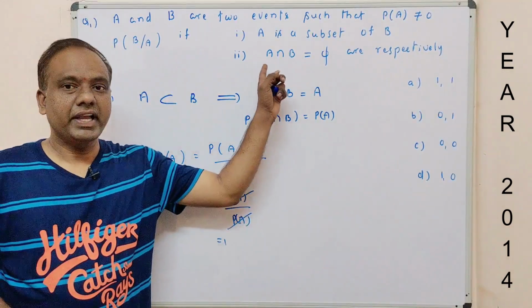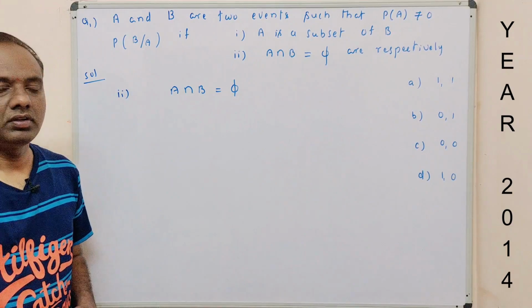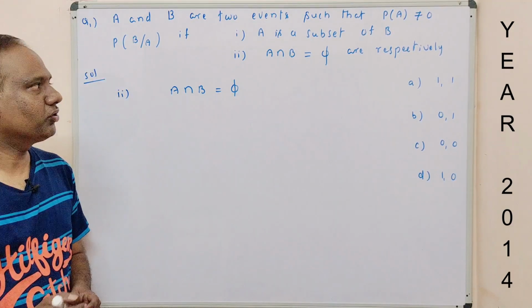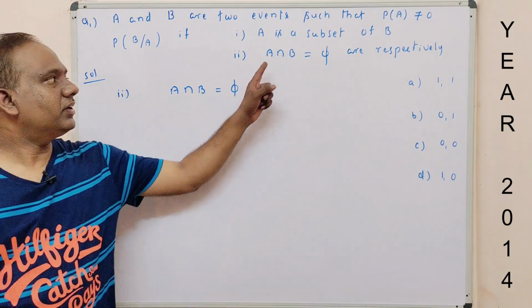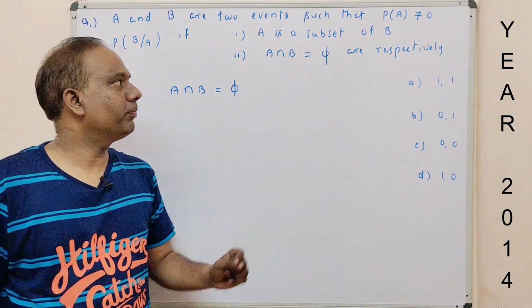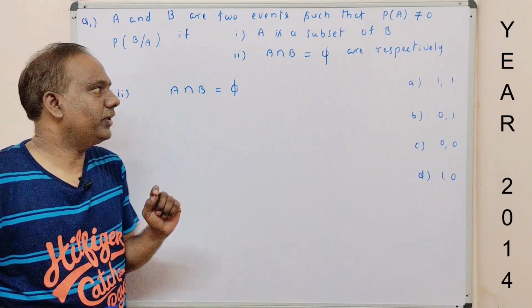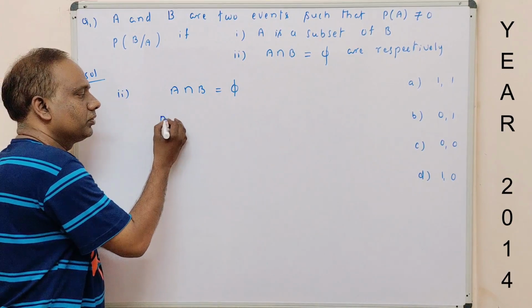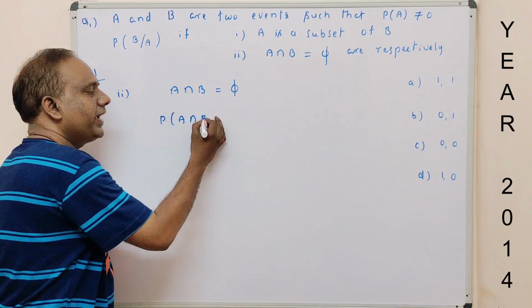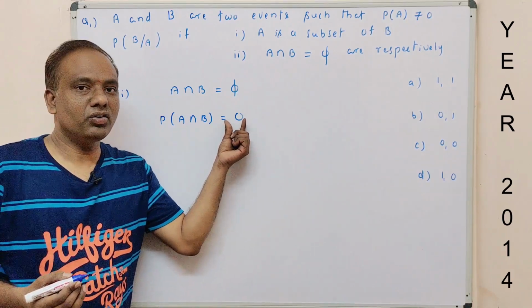Now we calculate the second one. Here A intersection B is equal to the empty set. Then what is P of B given A? Since A intersection B is the empty set, P of A intersection B is 0.